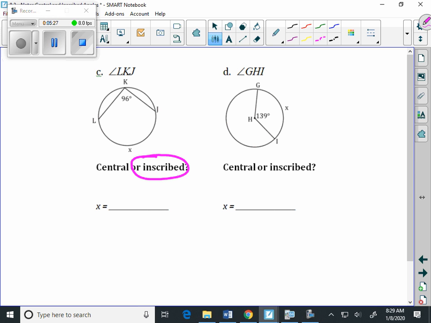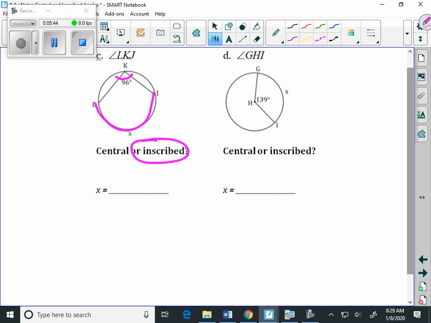Once again, the measure of the inscribed angle is half the measure of the intercepted arc. So this value right here is half the measure of this value right there. To figure out that value of x, we take 2 times 96. 2 times 6 is 12, 2 times 9 is 18, plus 1 is 19. That gives us 192 degrees.